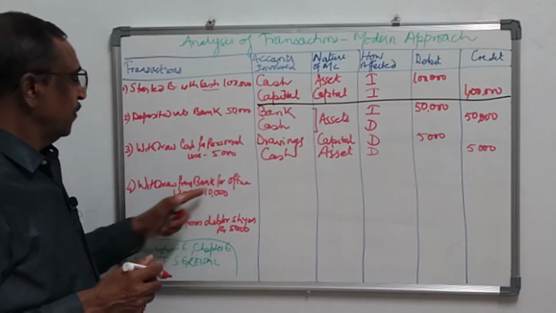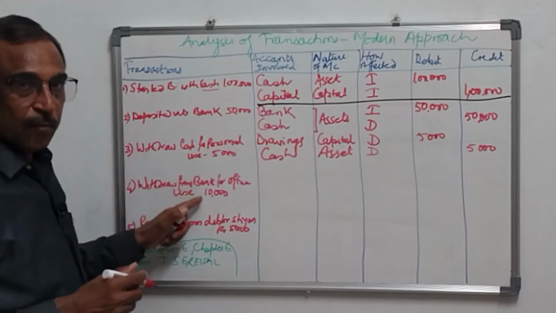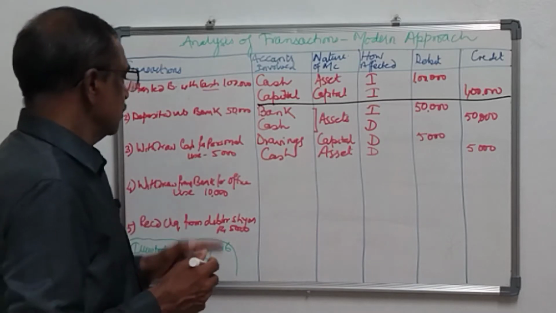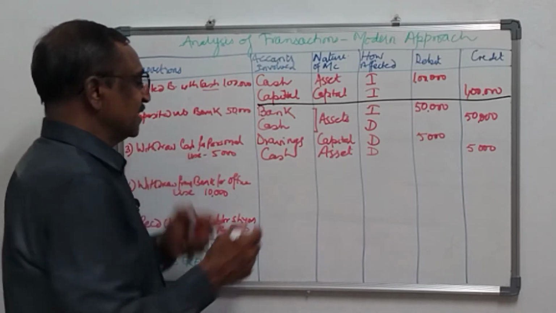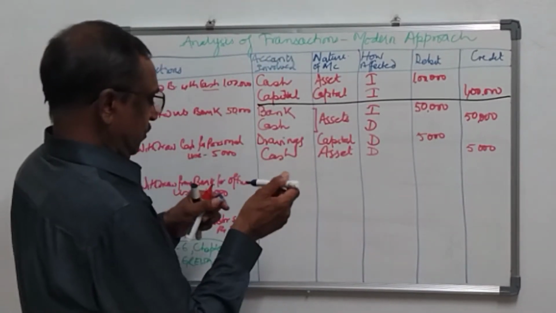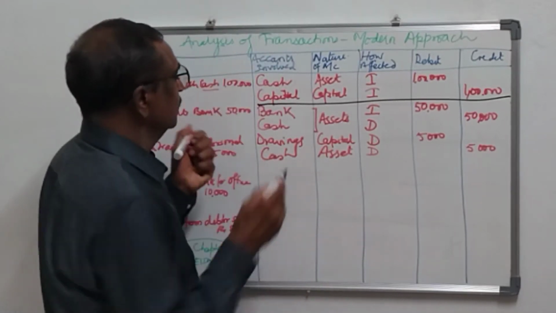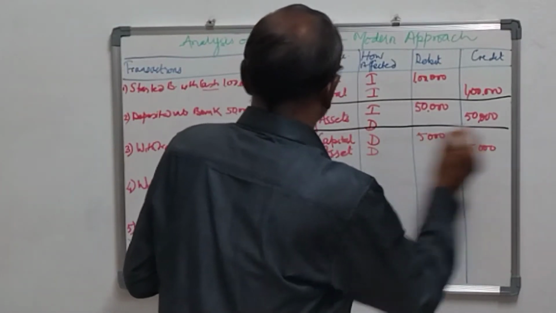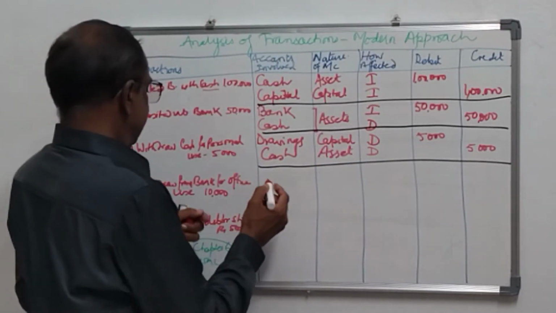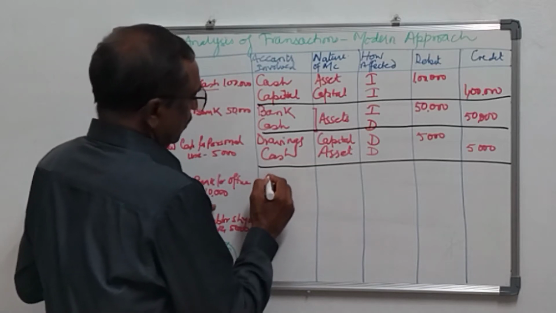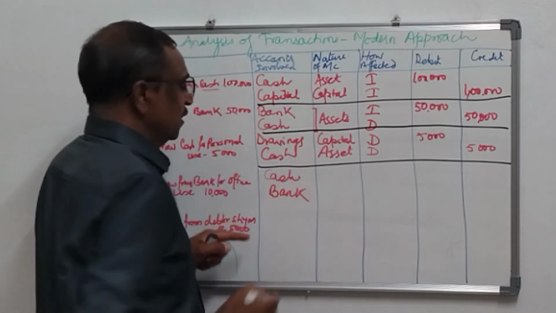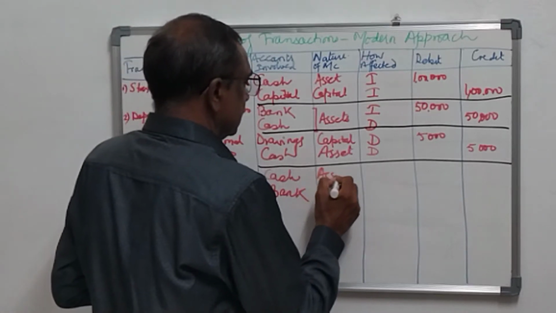Withdrew from bank for office use. The money is withdrawn from the bank for office use. So two accounts involved are bank and cash. Cash is your asset.